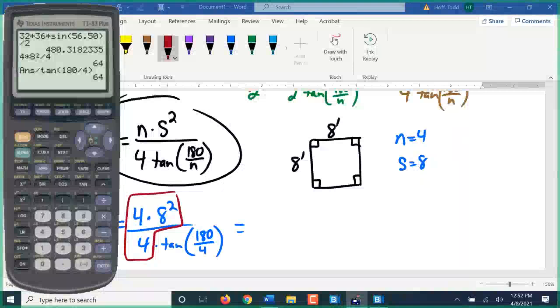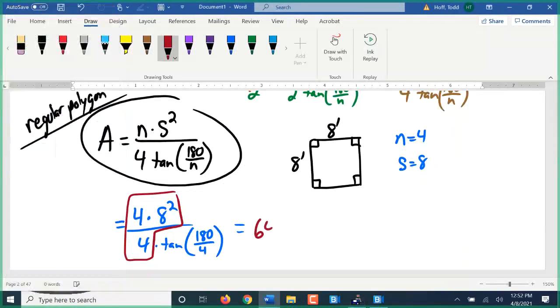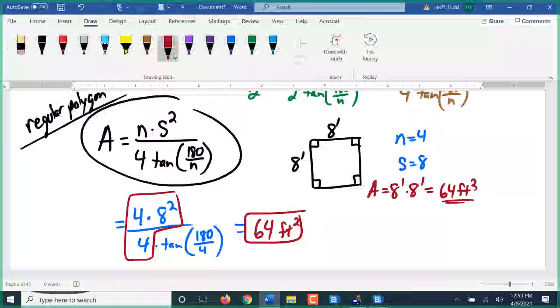Well, 180 divided by 4 is 45, which gives the tangent of 1. That gives us an area of 64 square units. Those units are feet, so that's square feet. We know that the area of an 8 foot by 8 foot square would be 8 by 8, which is 64 square feet. So we get the same area using our polygon formula for that square. That shows us that it seems to be consistent.